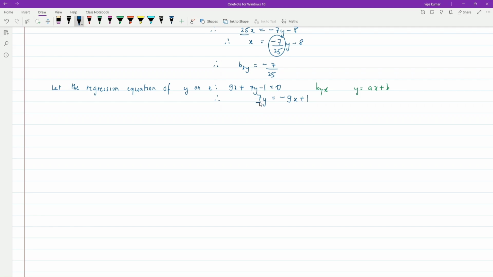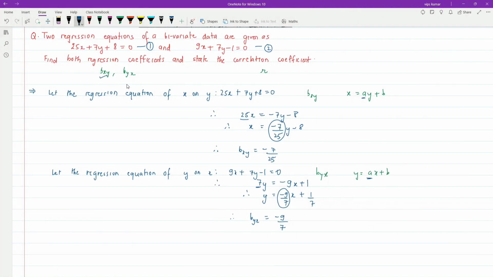We need to move the 7. So we get y is equal to negative 9 over 7 times x plus 1 over 7. And if we compare the value of a, then this is a, and thus we get the regression coefficient of y on x, Vyx, which is equal to negative 9 over 7. We have found Vxy and Vyx.